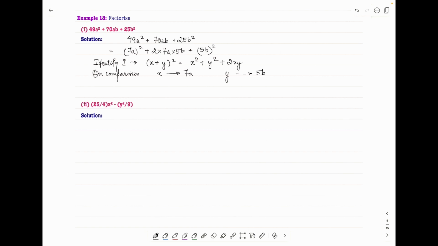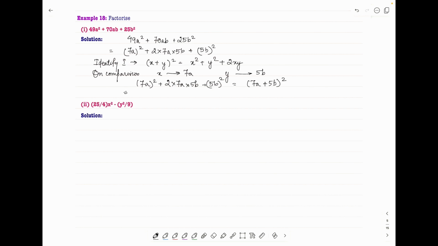So what we are getting is 7a whole square plus 2 into 7a into 5b plus 5b whole square, which is equal to x plus y whole square. X is 7a, y is 5b, so the whole square.